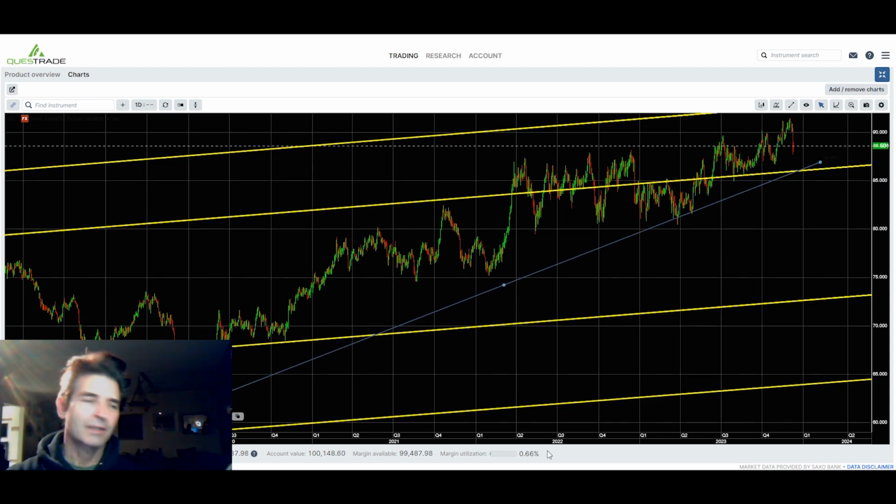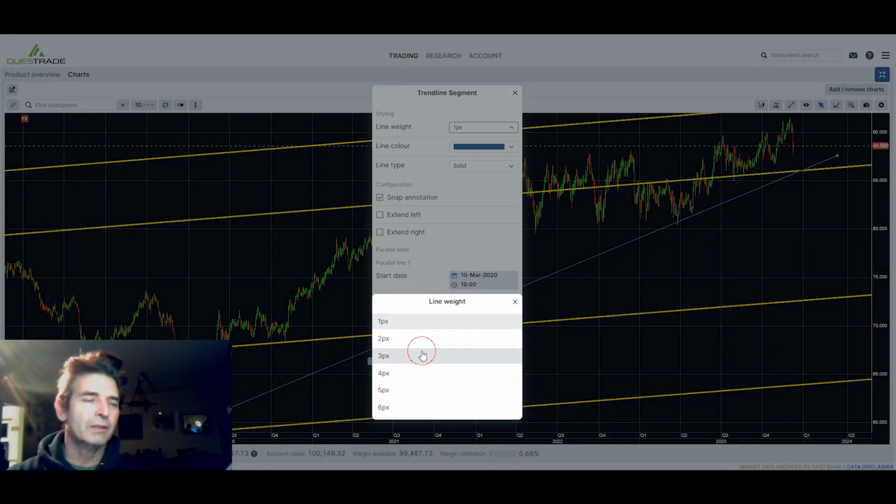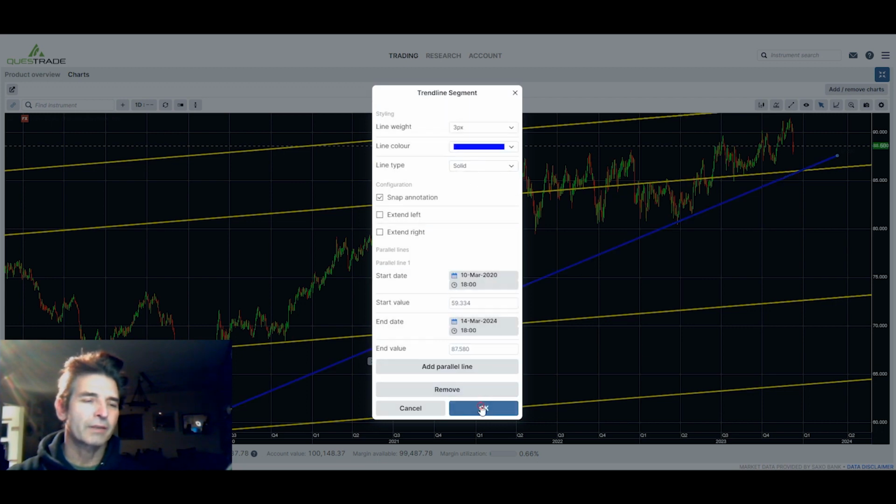Let's see. Maybe the wick. John Wick. There we go. And we're going to make that 3 pixels dark blue there. Okay.